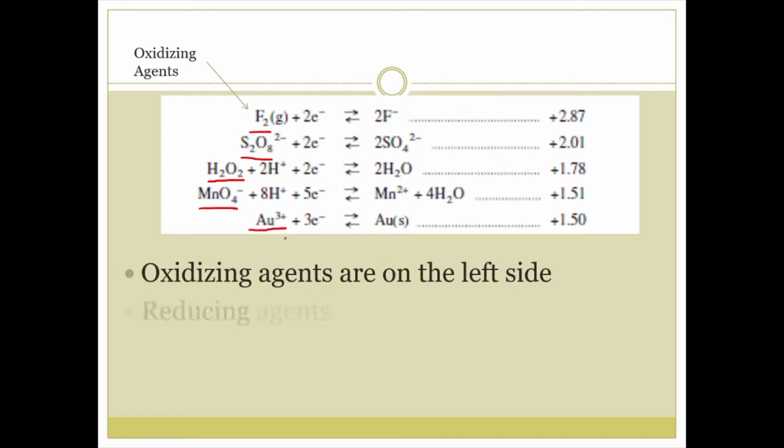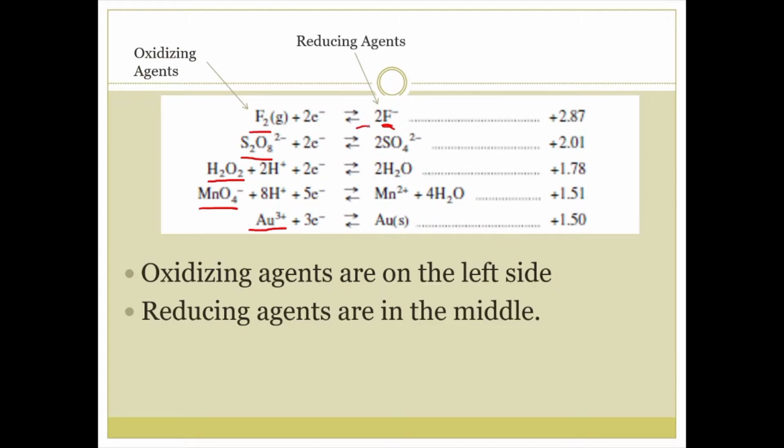The reducing agents are the things in the middle. So F minus is a reducing agent, because the reaction goes that way, so it gets oxidized. SO4 2 minus is a reducing agent because it's oxidized. In this case, H2O is a reducing agent because it is getting oxidized in the reverse reaction.